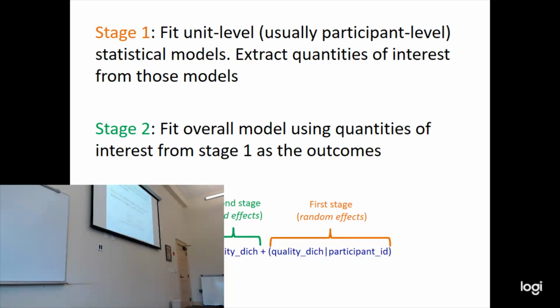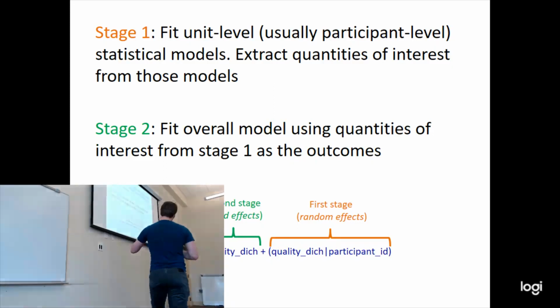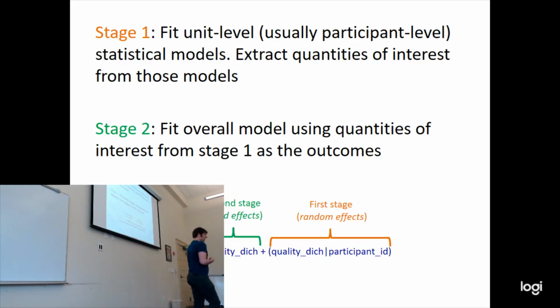Each participant is going to have a slightly different difference between time and quality rates. The reason they're called random effects is a little bit technical. And that's because we're assuming that the participant intercepts and slopes have some sort of distribution, just like our overall error term does in a regular linear model.